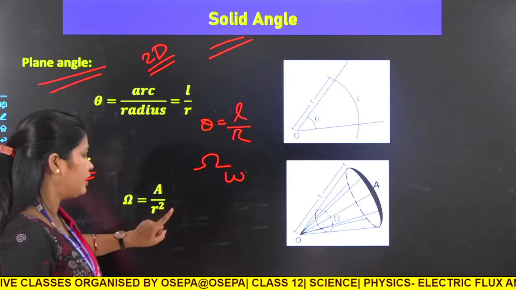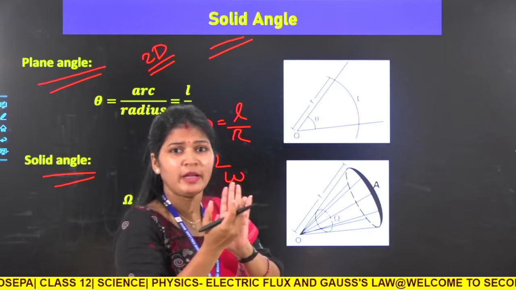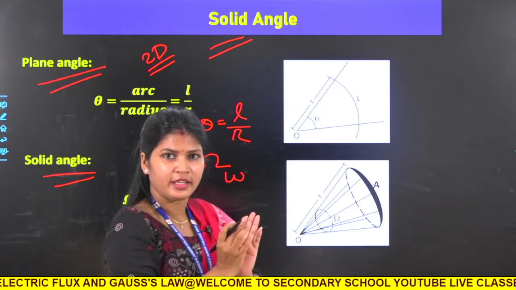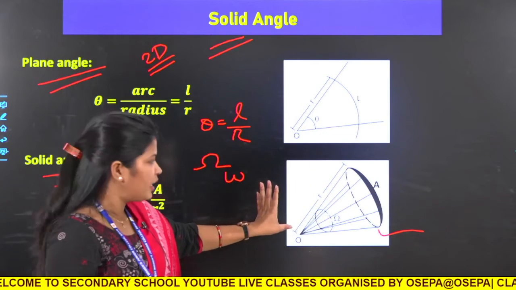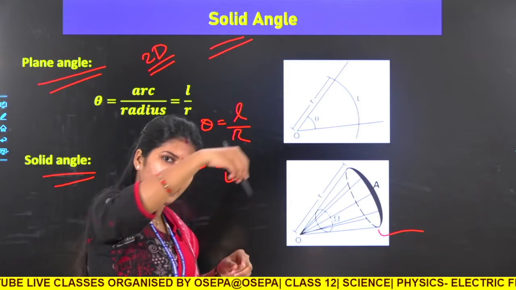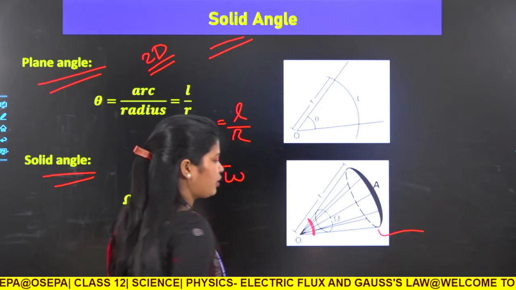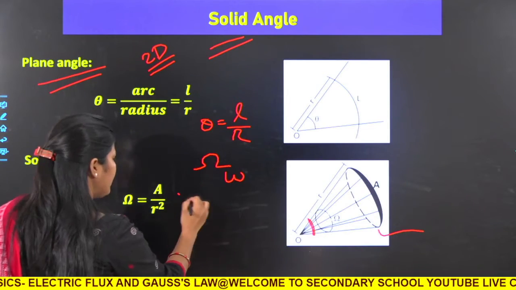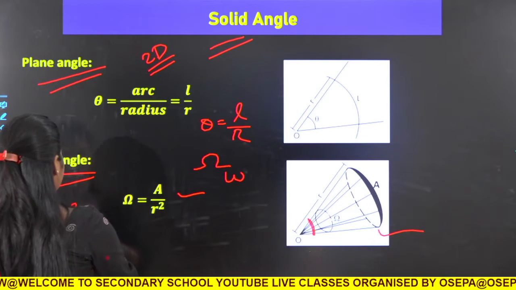Surface area A. Think of a cone shape, like when you roll paper into a cone. The surface area that the cone subtends is known as omega, and omega is equal to surface area A by r square. That is in three dimensions.